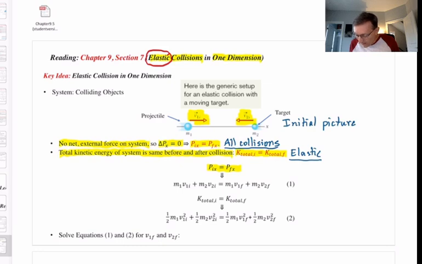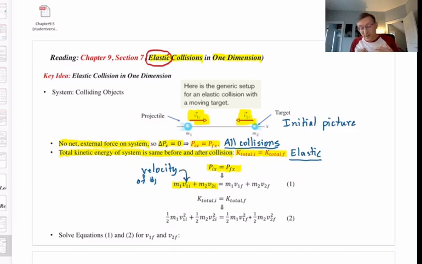All right, on the left, this is the before, the initial, before the collision. M1 times V initial 1. I'm not putting an arrow on the V's now because in one dimension we tend to just represent the direction of the vector with a plus sign if it's in plus x and a minus sign if it's in minus x, and that's what we'll do here. Okay? But please note that V1 initial means the velocity of particle 1 before the collision.